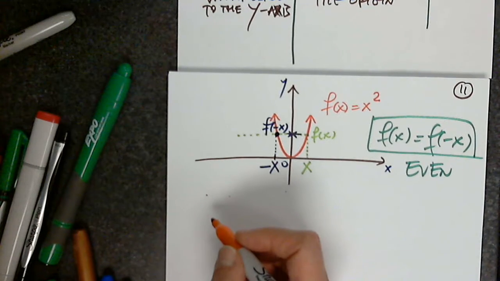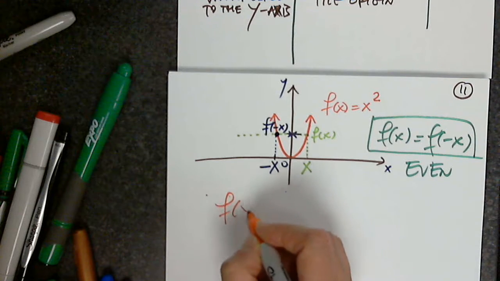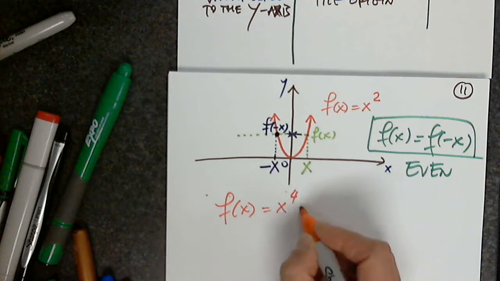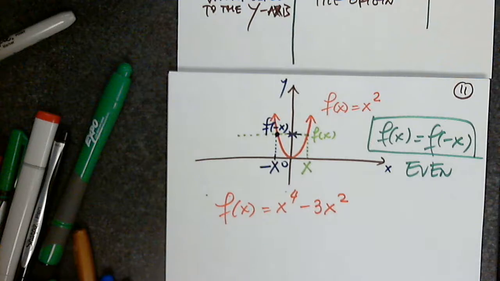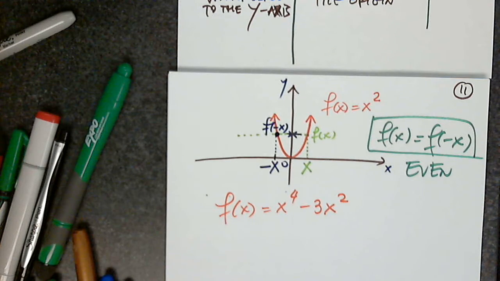So here's my question. If I'm given, let's say, x to the fourth minus 3x squared, and I'm asking you, do you think that this function is even? What will you need to determine to say yay or nay?